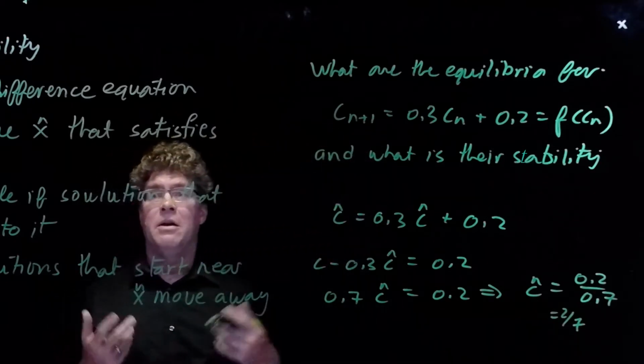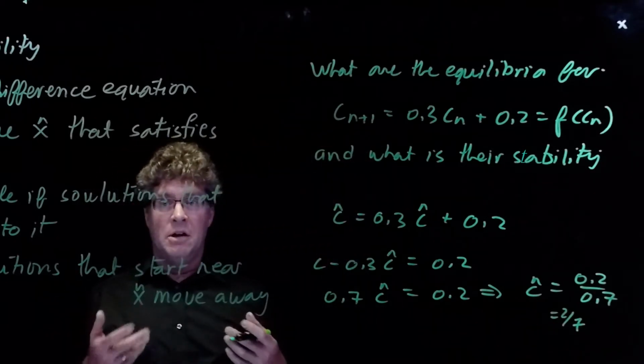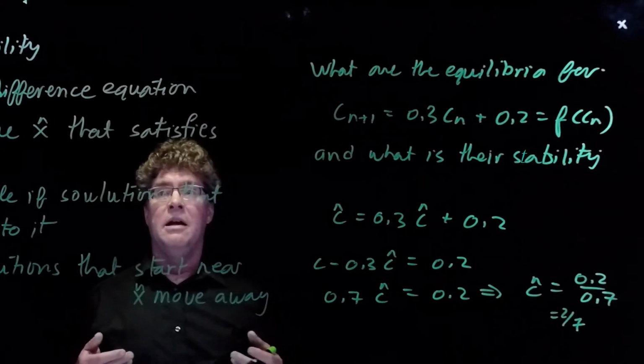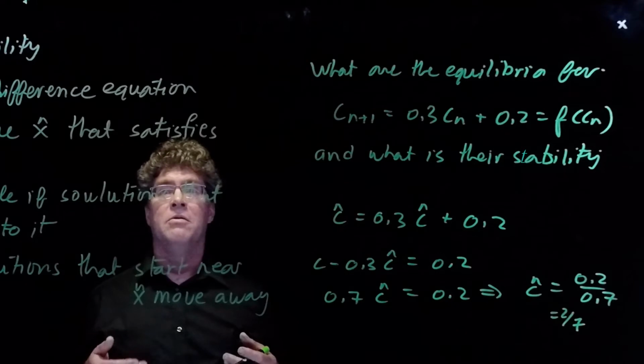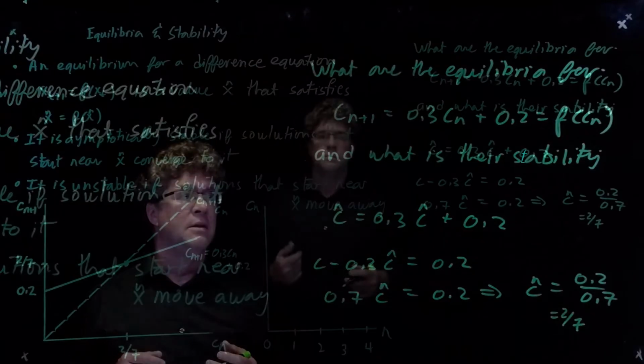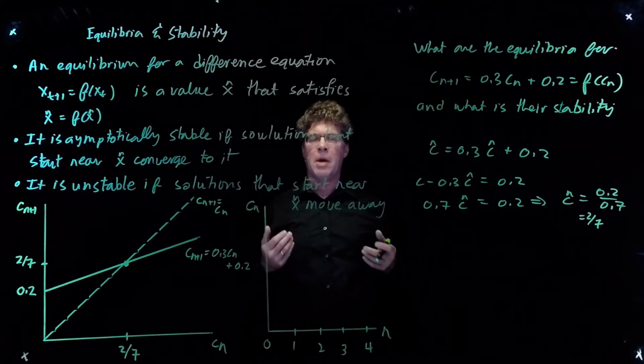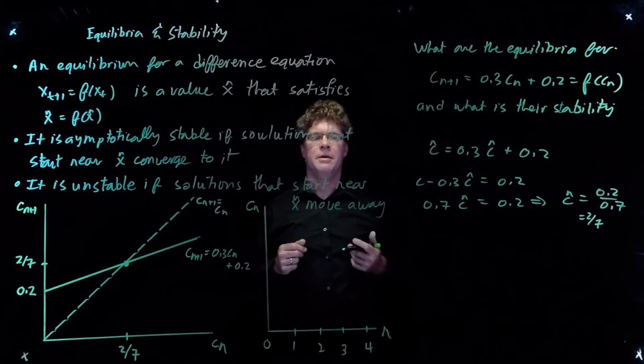What this means biologically is that if the drug concentration is 2/7 on one given day, it'll remain at 2/7 for all future days. So to try to analyze this system a little more, I'm going to use the method of cobwebbing.